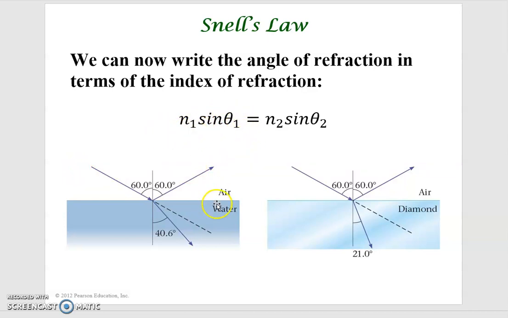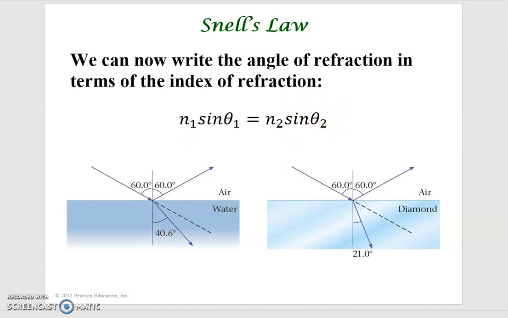For example, if you have light incident from the air to the water, and the original incident angle is 60, so theta 1 is 60. We know that water is more dense than air, so N2 will be bigger than N1. If N2 is bigger than N1, it is not a surprise that theta 2 should be smaller.